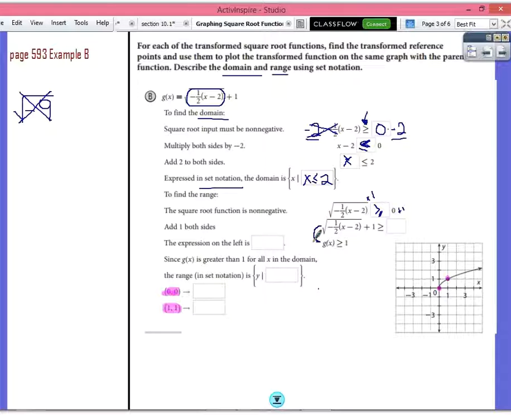That's just g of x. That's what's on the left side after we added 1 to both sides. Well, 0 plus 1 is 1. If this is g of x, that's the same thing as y. So this is really telling us what our range is going to be: y such that the y's, which are the g of x's, are greater than or equal to 1.